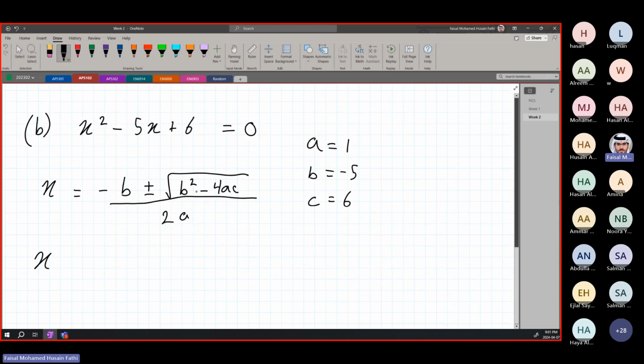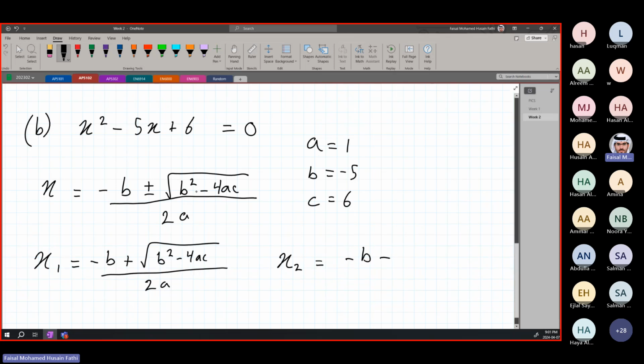So x1 is going to be equal to minus b plus square root b squared minus 4ac over 2a. And x2 is going to be equal to minus b minus square root b squared minus 4ac over 2a. Okay? And then we just substitute the values.